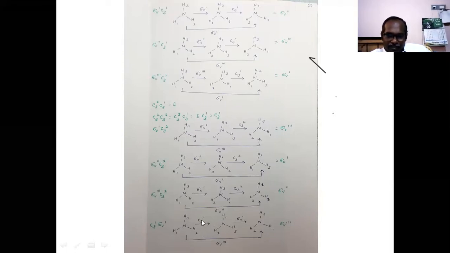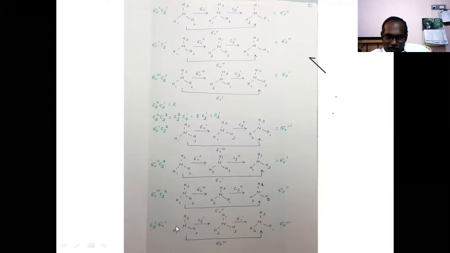First, I am operating C3 once. So when C3 once is operated, I am rotating the molecule for an angle of 120 degree. Therefore, 1 comes here, 2 comes here, 3 comes here. Now I am reflecting about the plane sigma V dash. Watch closely.